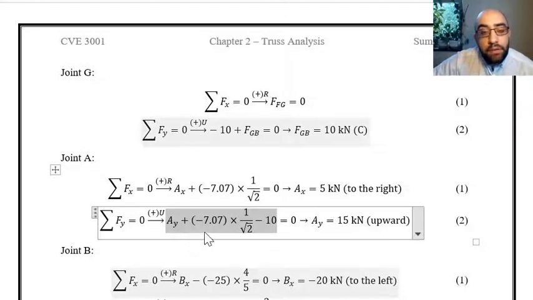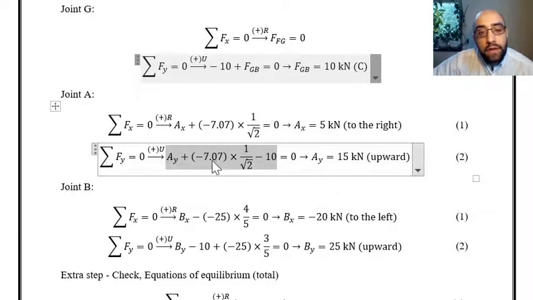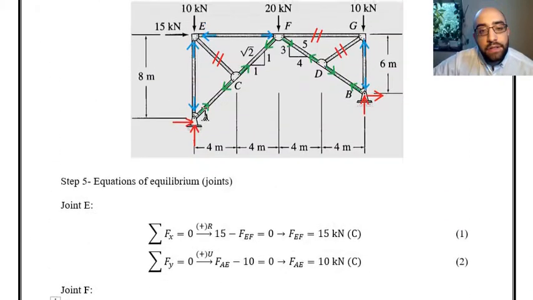Whenever we want to use FAC in our calculations, we have to see that FAC is equal to minus 7.07, and that's what I have over here. If I solve this equation, I can find the value of AY as 15 kilonewton. Again, I'm getting a positive value, which means that the reaction is the same as what we have over here in terms of the direction.